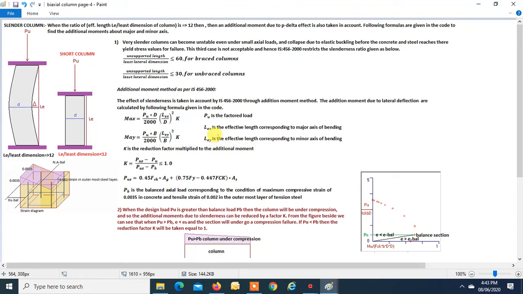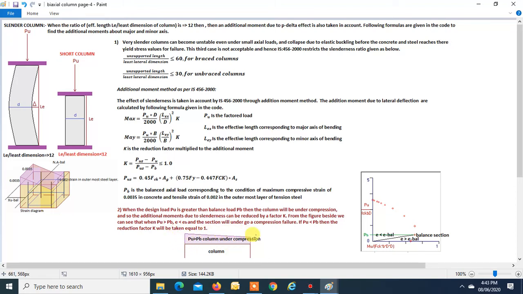Now we can see that every column section will have a point where the section will be balanced, and at that point you will get the balance load and the balance moment. When your design load PU is found to be greater than the balance load PB, then the whole column is under compression.